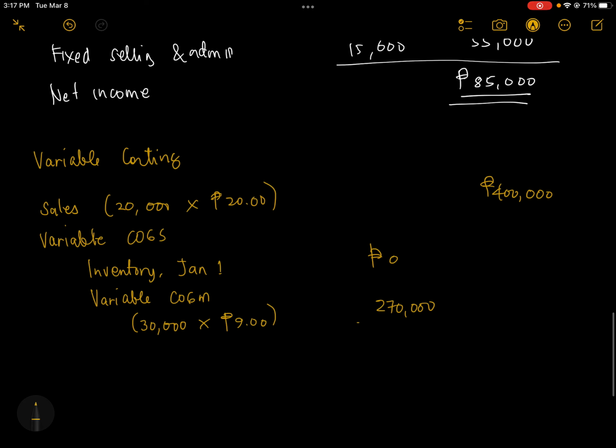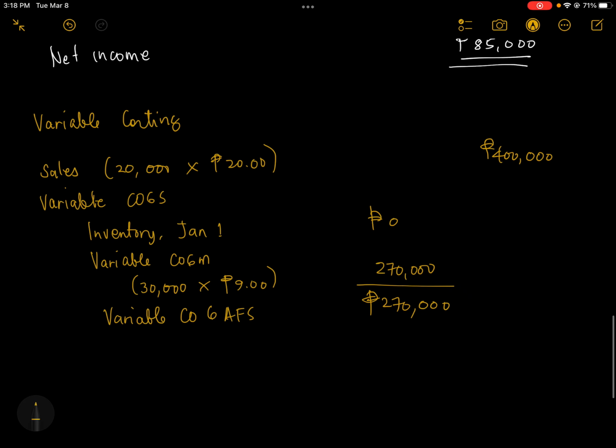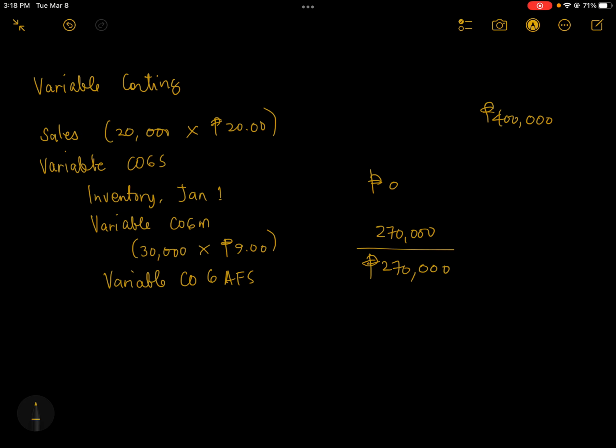Okay? And, of course, the variable cost of goods available for sale, 270,000 also. Okay, and then we will deduct, of course, yung inventory natin on January 31.